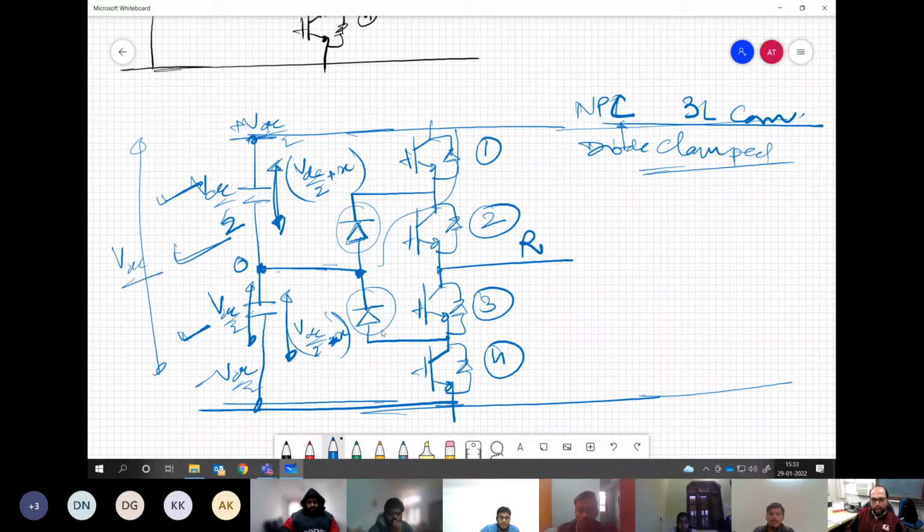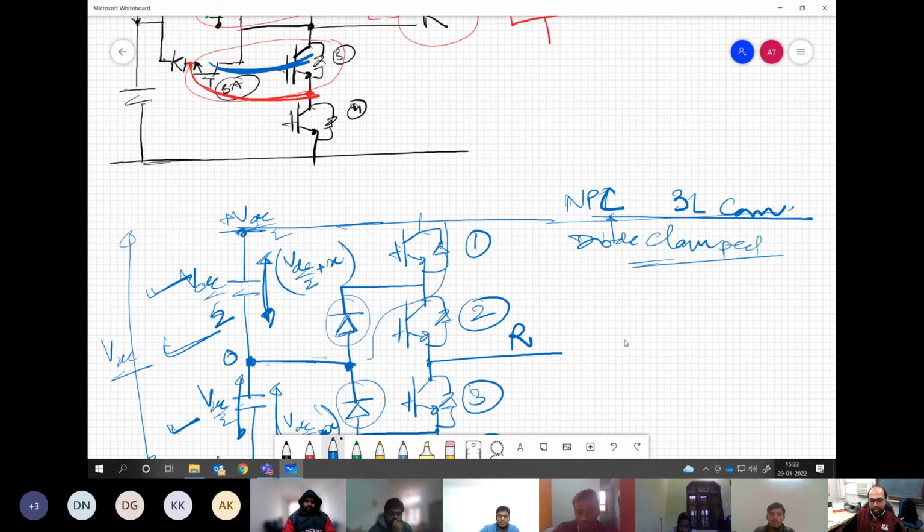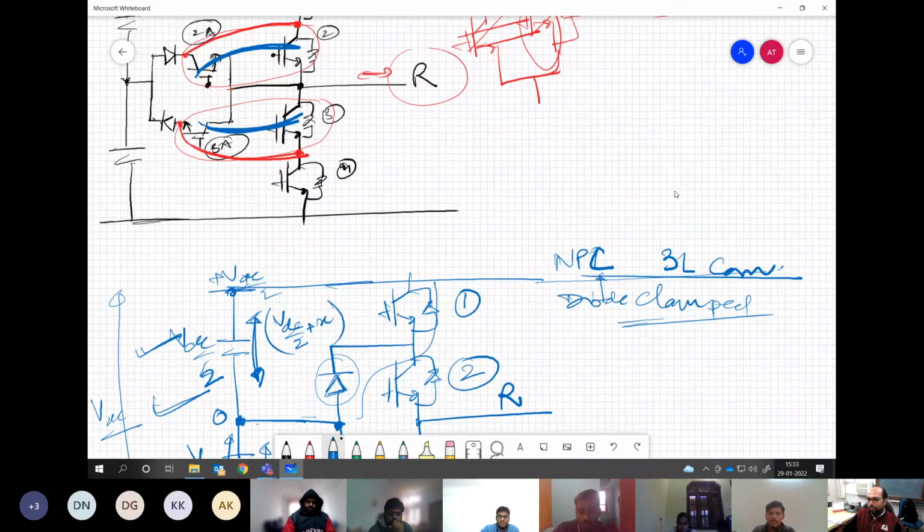But we have some unbalance of voltage X between the two halves. So due to that, some circulating current may flow, I think. Figure it out and tell me. So this is an exercise for all of you to do.